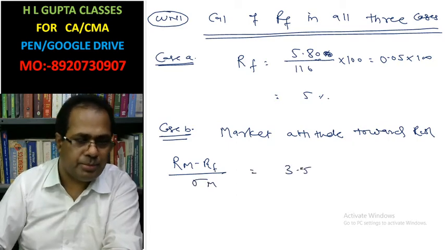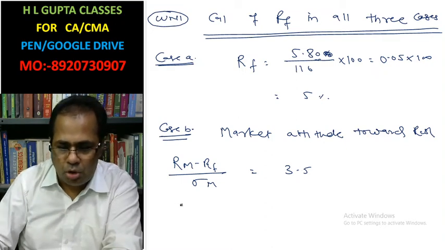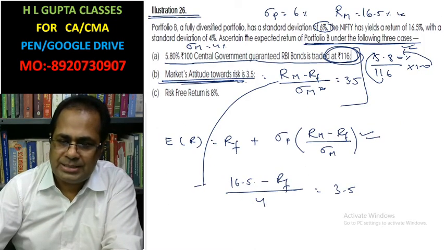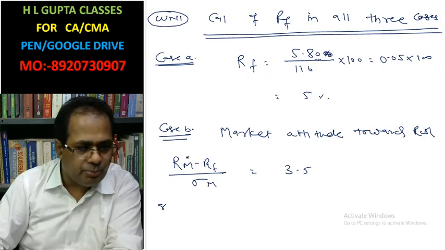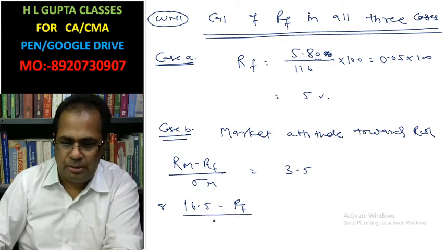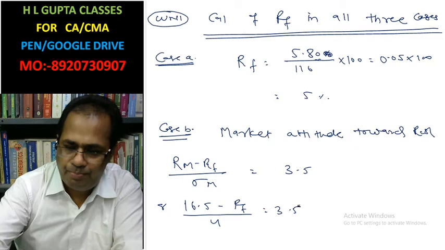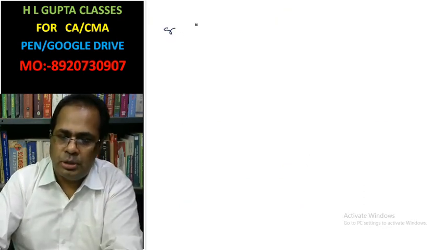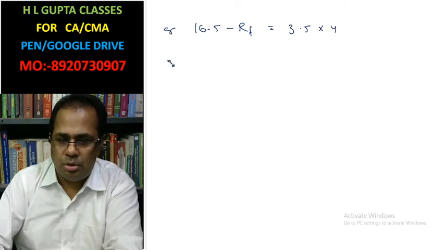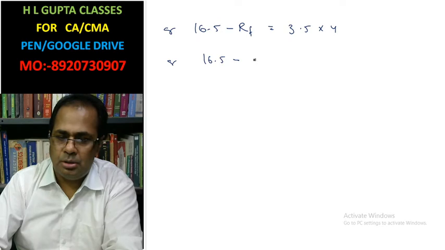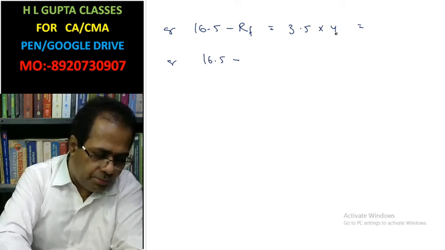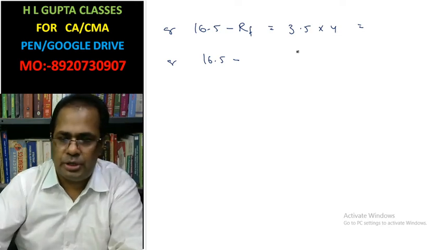This is given as 3.5. RM is 16.5%, and the standard deviation of market is 4. So (16.5 minus RF) divided by 4 equals 3.5, or 16.5 minus RF equals 3.5 into 4, or 16.5 minus 14.